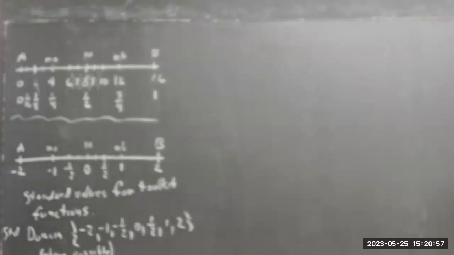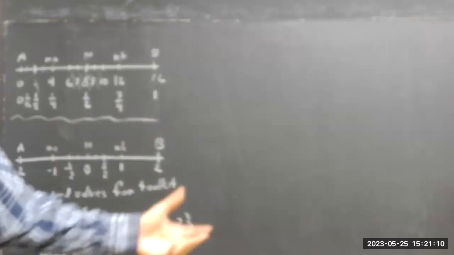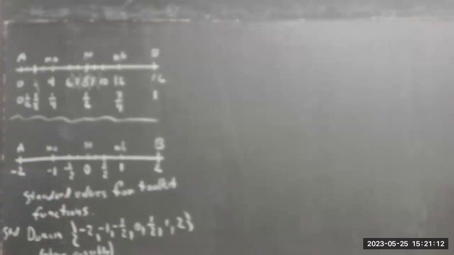Because for some functions, it's not possible to have these numbers in the domain. If you're doing 1/x, 1/0 is undefined, it can't be defined.